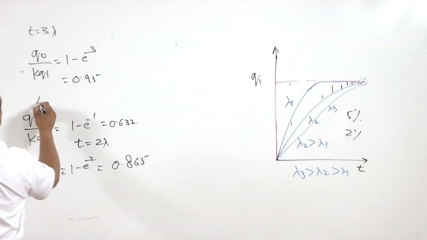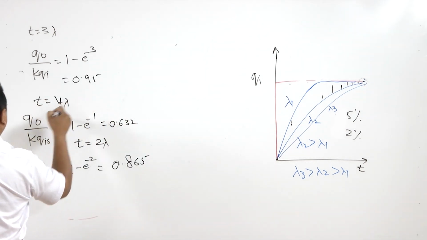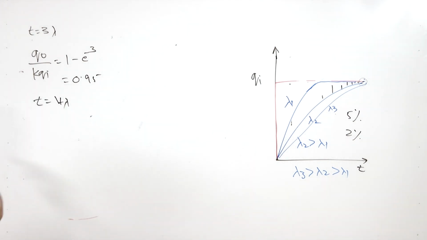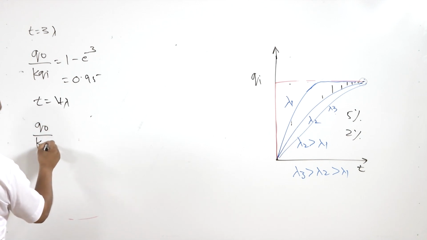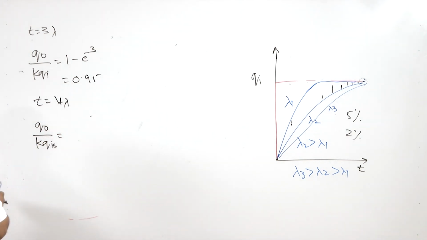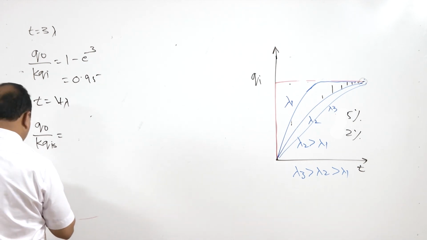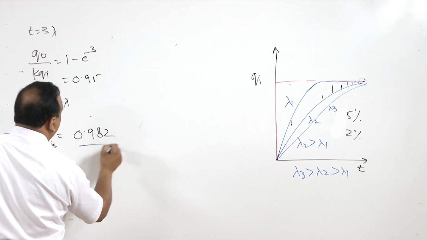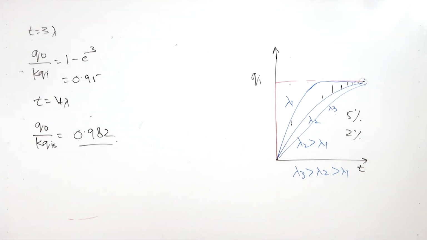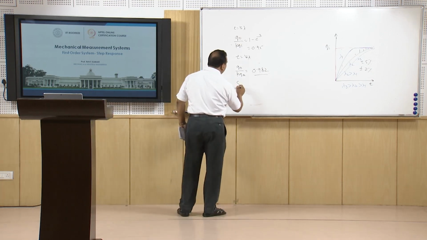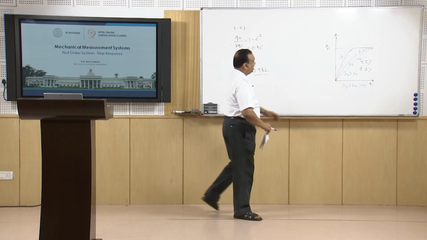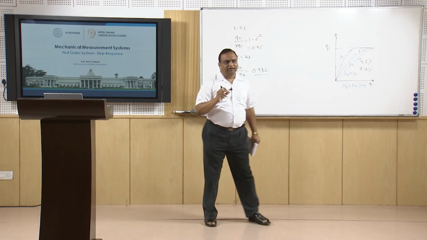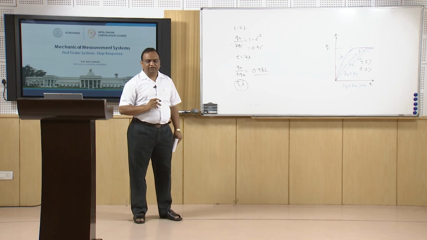Again, we take t is equal to 4 lambda. Then Qo upon K Qis becomes 0.982, within 2%. And for 5 lambda, we assume that we have attained the steady state, and the value has surely reached within the tolerance band of the measurement.